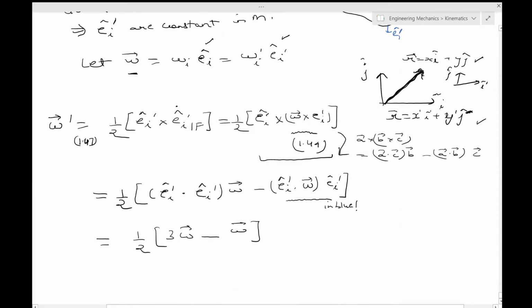This is ei dash into ei dash, so that is quite easy.